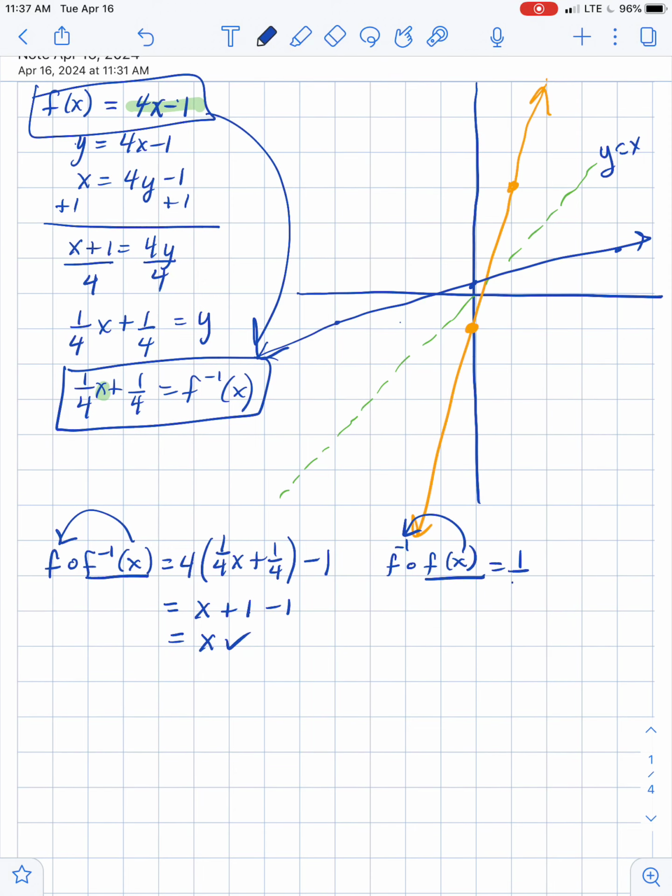So I have 1/4 times 4x minus 1, plus 1/4. Again, distribute. 1/4 of 4 would be 1x. 1/4 times -1 would be -1/4, plus 1/4. Again, those cancel, and I do get x, and it checks. So that is how you would do the inverse of a linear.